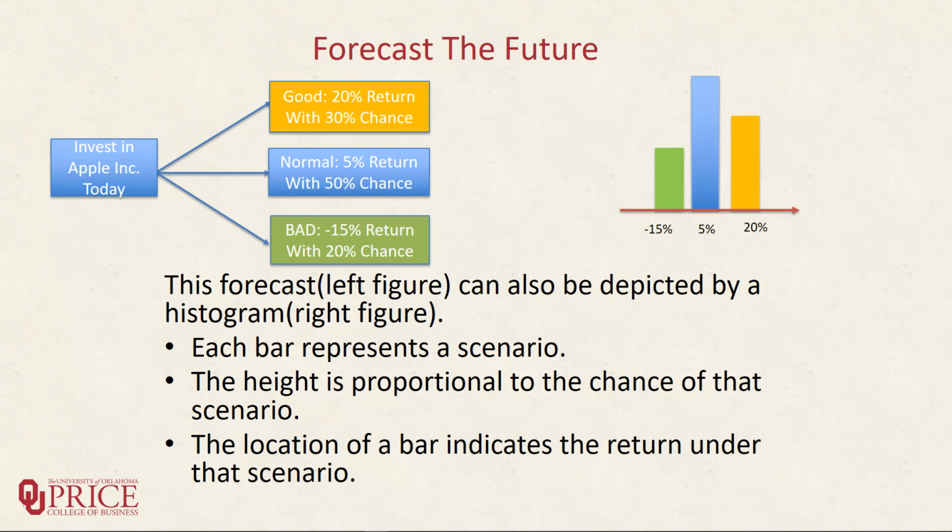The yellow bar is at 20%, the blue bar is at 5%, and the green one is at negative 15%. So the horizontal location of the bar represents the return under each scenario: 5% under the normal scenario, 20% under the good scenario, and negative 15% under the bad scenario.